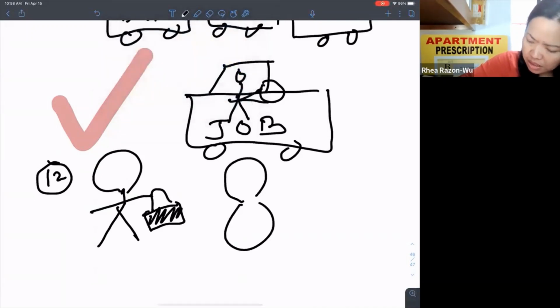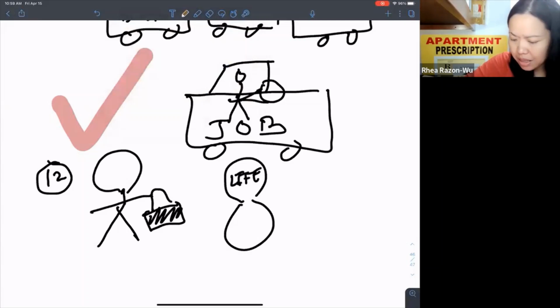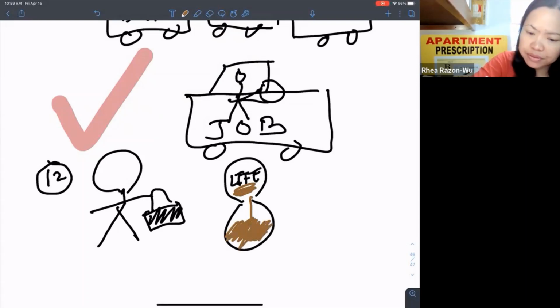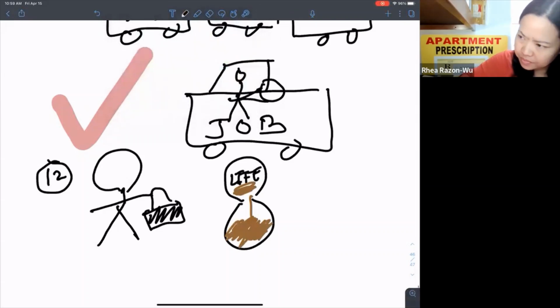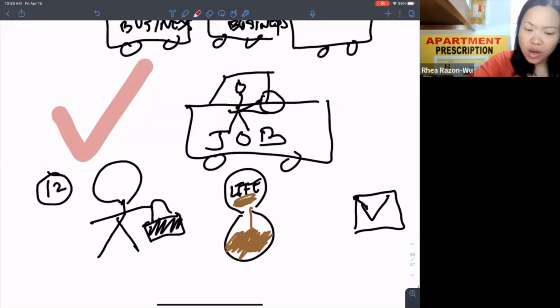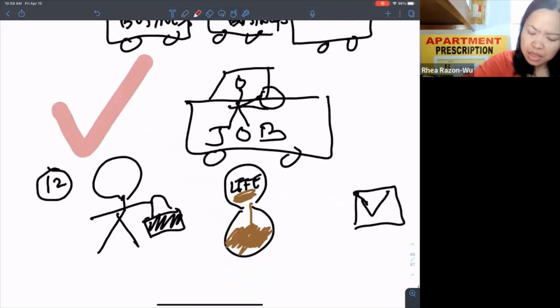So I'm drawing myself. I'm drawing my sandbox again with a few sands remaining because I've used up the majority of my life sand and now it's in the bottom, so I have a few left. So why is that? Why do self-employed have a job?